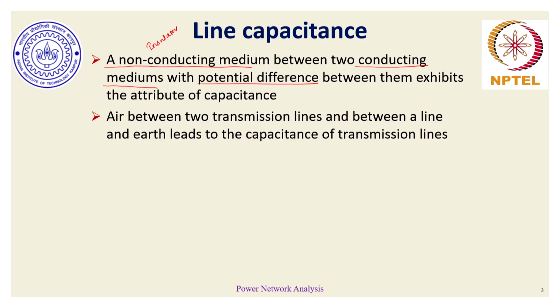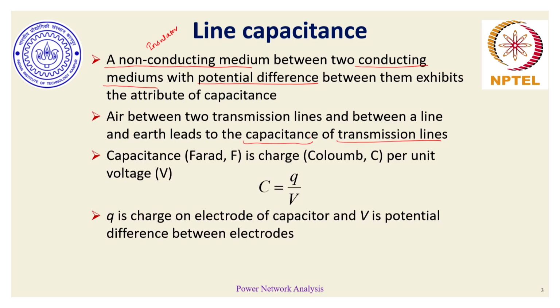That's the basic layman definition. Air in between two transmission lines, or air in between a transmission line and earth, also leads to a similar arrangement where we have two charged bodies or plates separated by air as an insulator. That is essentially the reason why transmission lines also show the attribute of capacitance.